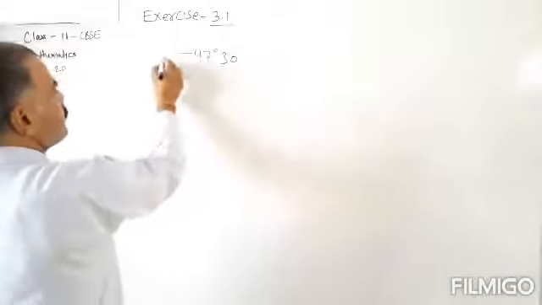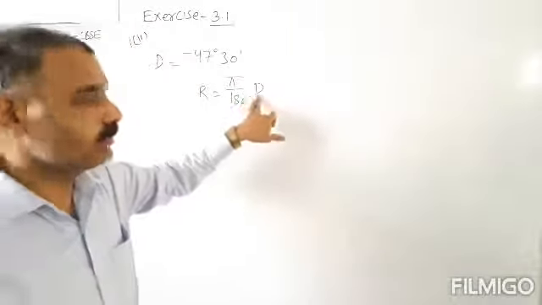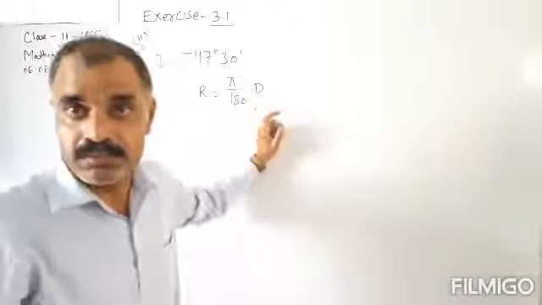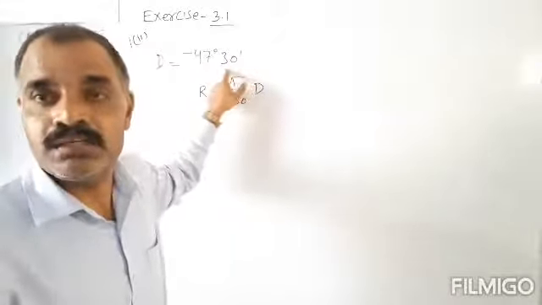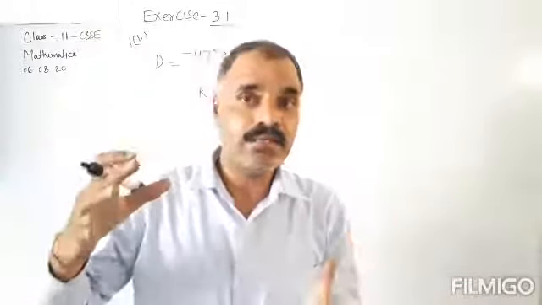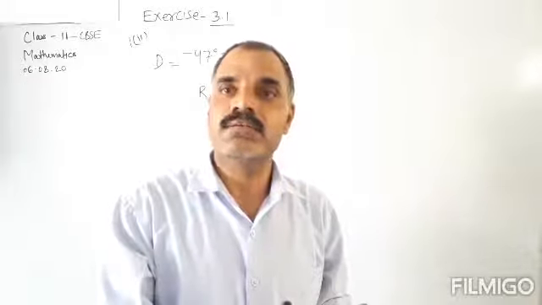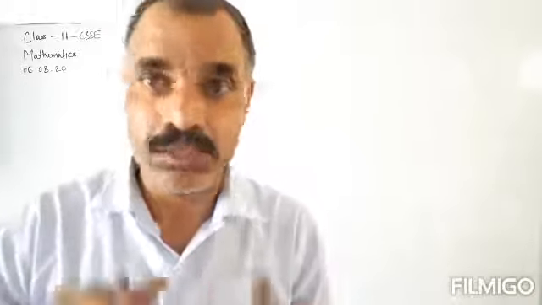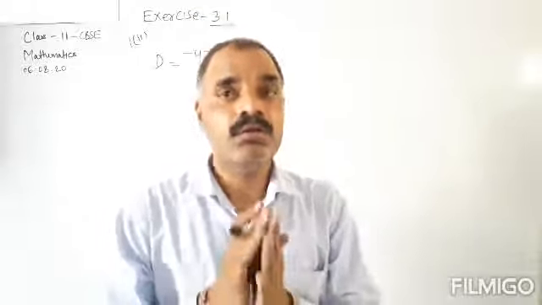But D stands for degree, so the given angle should be in degree. The angle that is given in minutes should also be converted into degree. So firstly we will convert minute into degree.